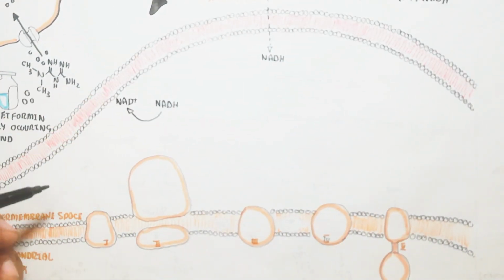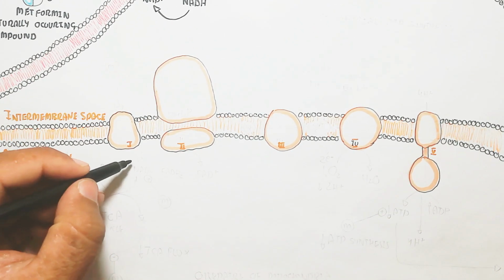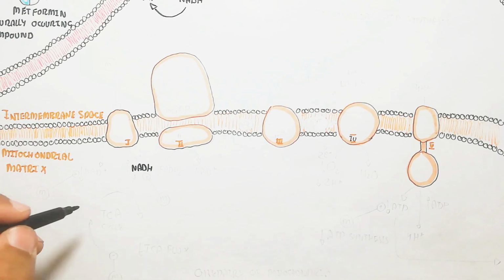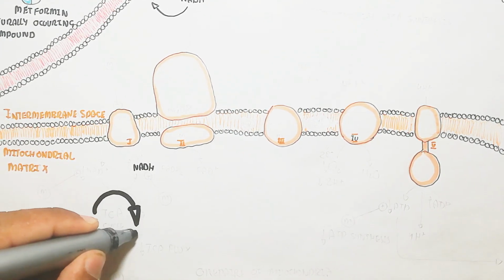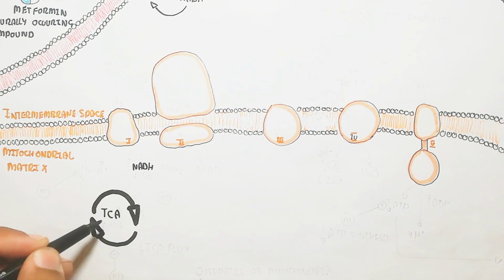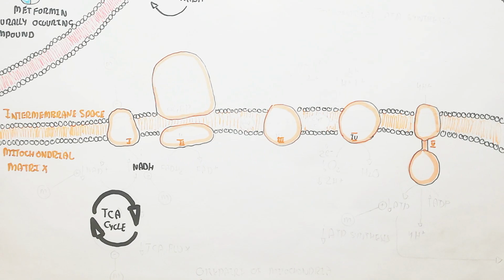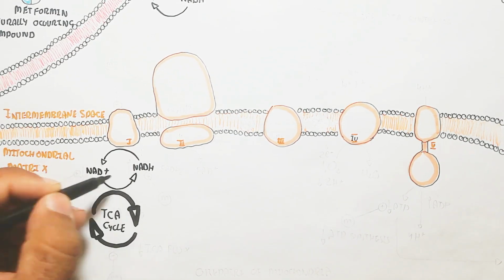This is the NADH, which is converted into NAD plus, but metformin will inhibit it. Basically this is complex 1, which requires the NADH:ubiquinone oxidoreductase enzyme, an enzymatic protein. The NADH is converted into NAD plus.